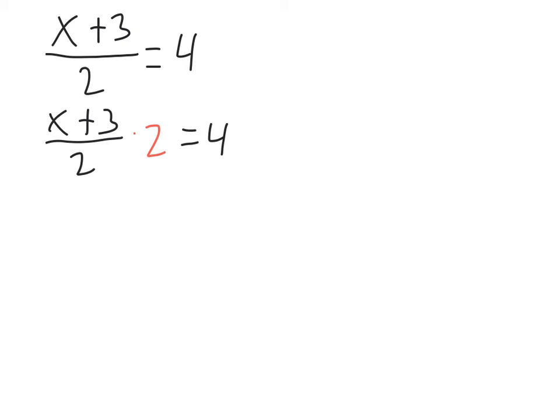And again, that is being multiplied by 2. Because what we do to the left side, we have to do to the right side. And again, write down the property you used. We use the multiplication property of equality.